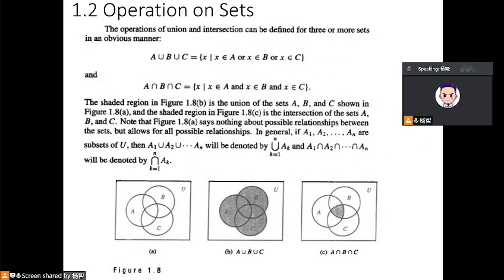The operations of union and intersection can be defined for 3 or more sets in the obvious manner.